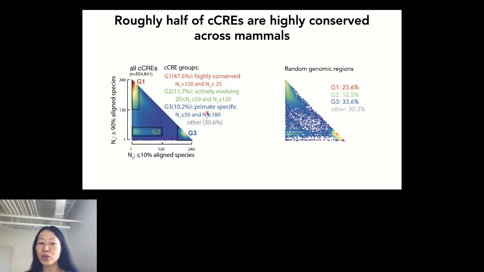There are 42 primate genomes among the 240, so they show up as a very bright cluster here. And group 2 is actively evolving. In comparison to cCREs, these are random genomic regions, which are much less conserved and much more primate specific.